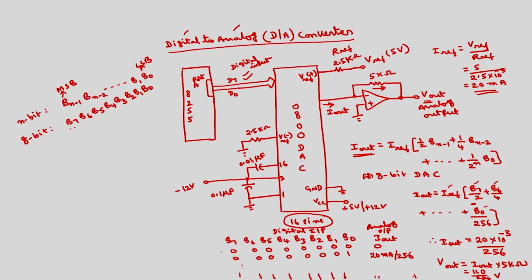So using this 8255, I can give these values. Accordingly, we will get the proportional current, proportional voltage here.